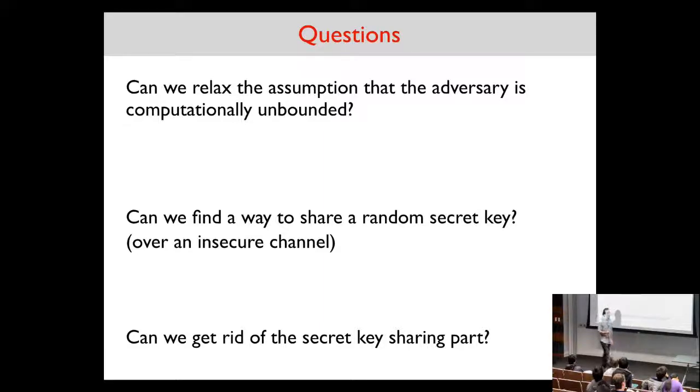Now, there are three important questions that come up here that we're going to try to address. The first is, can we relax this assumption that the adversary is computationally unbounded? Because that seems to be a very strong requirement. It turns out that if we do relax it, and say the adversary is computationally bounded, which is a reasonable assumption to make, it opens up a whole new world of possibilities.